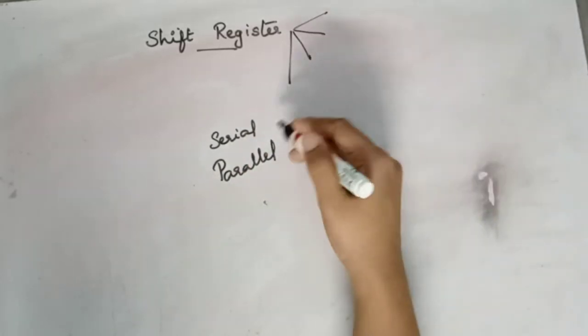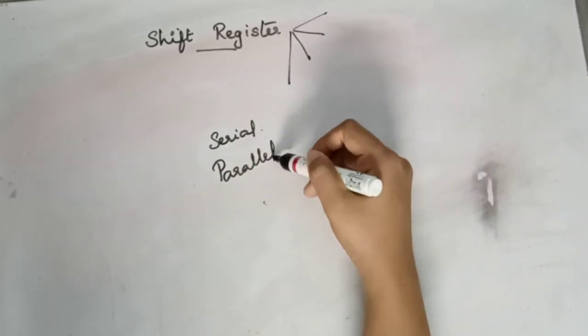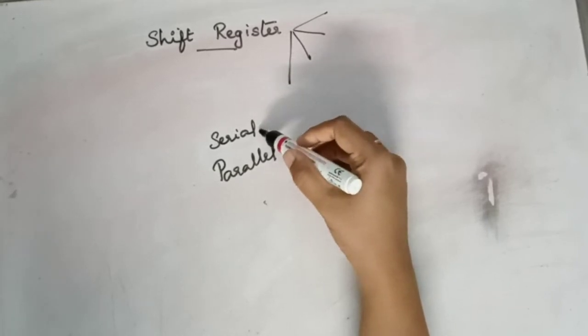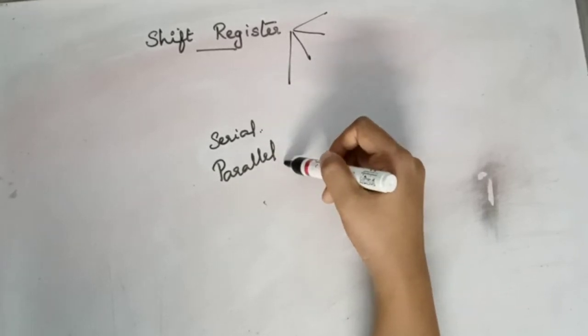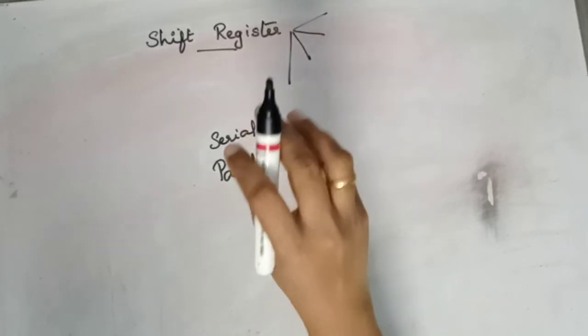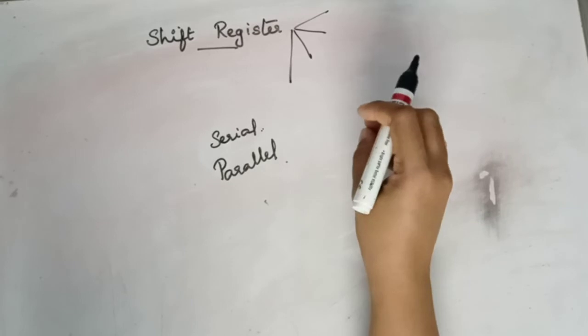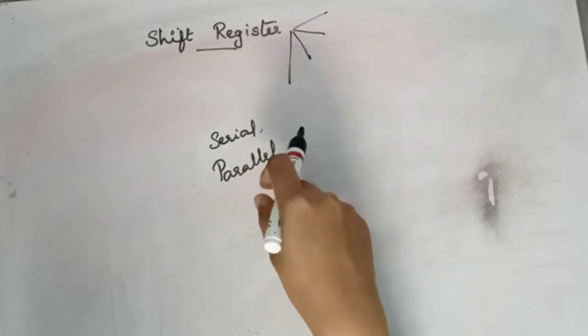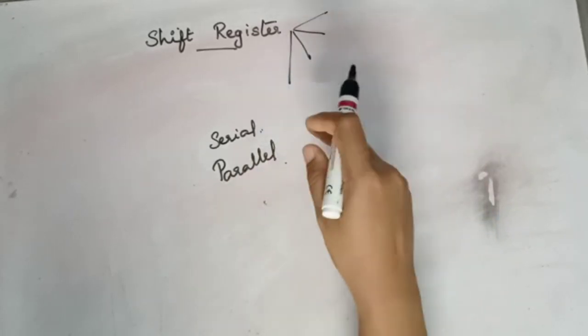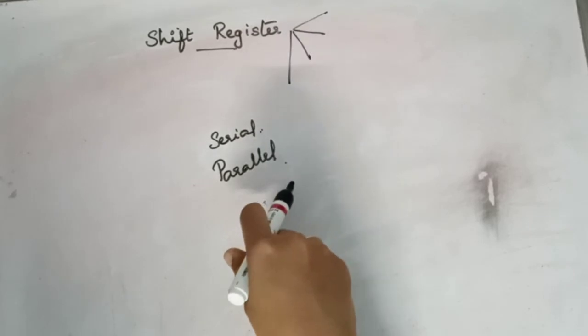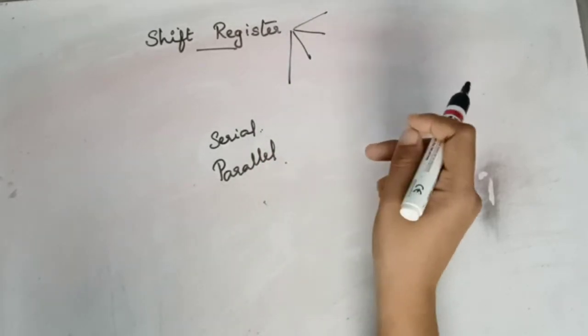You can also read serially or in parallel. You can input data in serial fashion and also in parallel fashion, and read in serial fashion and also in parallel fashion.